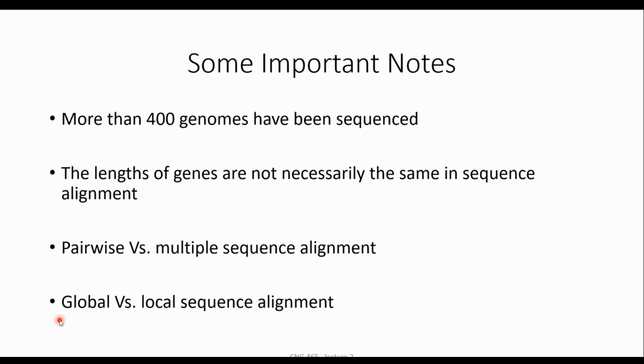But sometimes we are interested only in a specific part of a gene or a specific part of a protein, which we will call a domain, and I will show you. And we are trying to compare those together. In that case, we call it local sequence alignment. Today we will talk about the global version more, and we will continue with global sequence alignment on Wednesday.